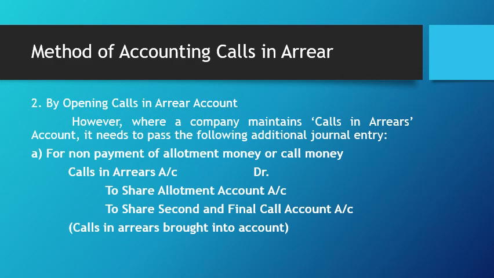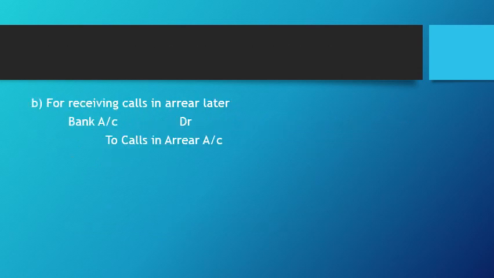Or if the arrear is with the call money, calls in arrear account debit to share first and final call. Keep in mind that calls in arrear may happen with allotment money or call money, or at the same time with both allotment money and call money.